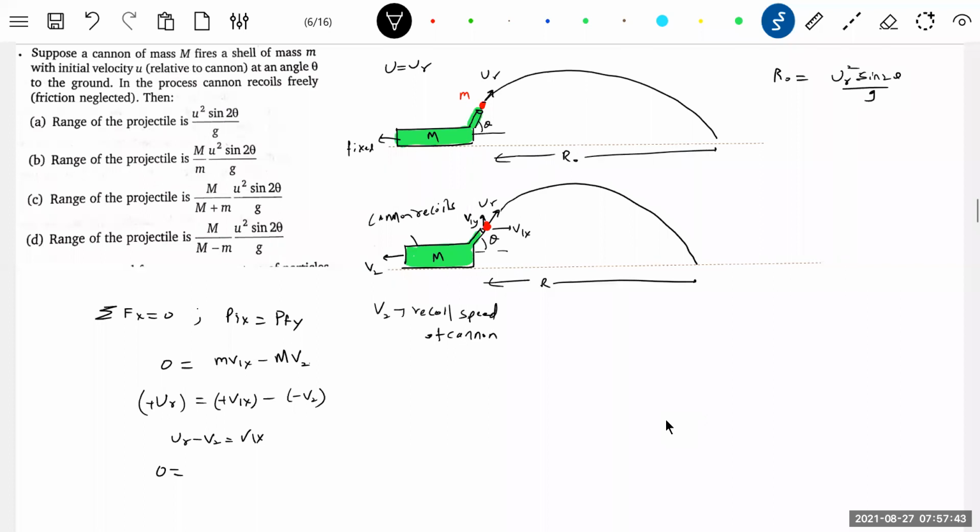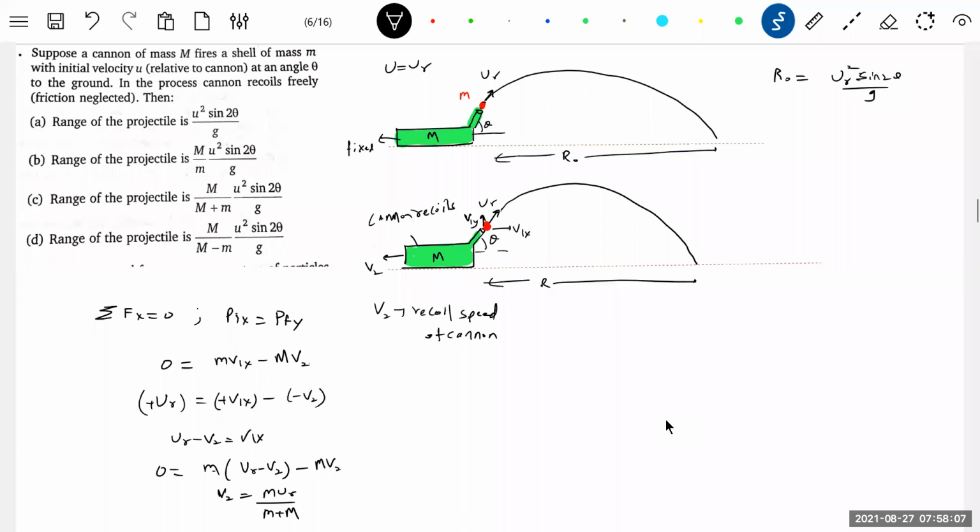V2 will be ur minus v1x. I think straight away you could have written this as the recoil speed of the cannon. Now shall we calculate v1x, because that is what is going to help us.